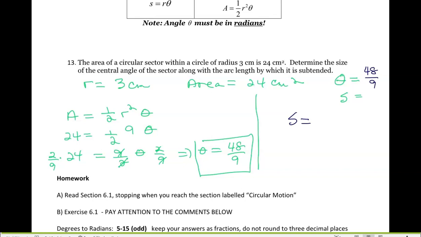Okay, so now S equals R times theta. I know that R was given to me as 3, and this is 48 over 9. So the arc length, 3 can go into 48 over 9 3 times. So 48 over 3. And 3 goes into 48 16 times. So this is going to equal 16 for my arc length.